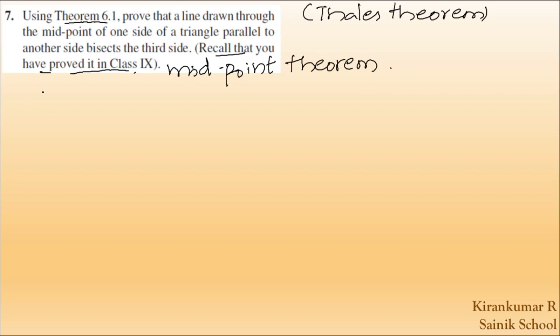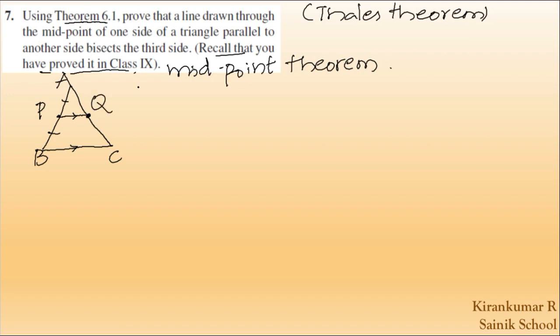For that, I would like to consider a triangle such that P is the midpoint of the side AB. So these two sides are equal. If a line is drawn parallel to a side of a triangle, it bisects the other side.